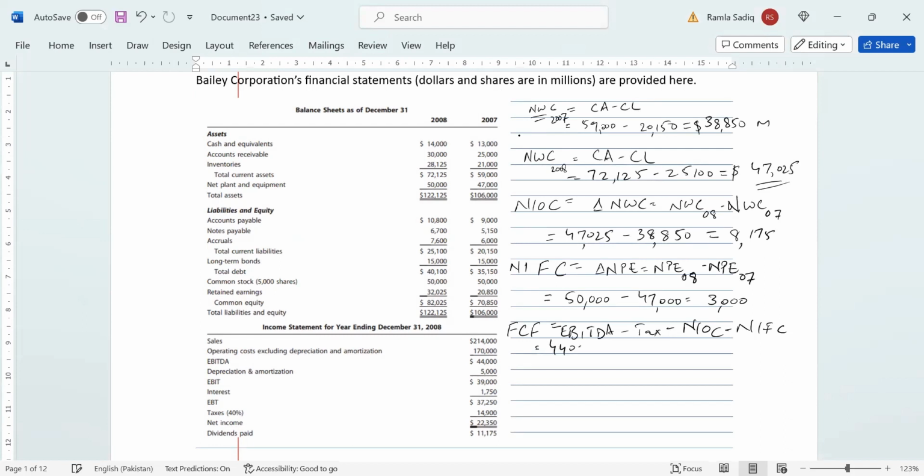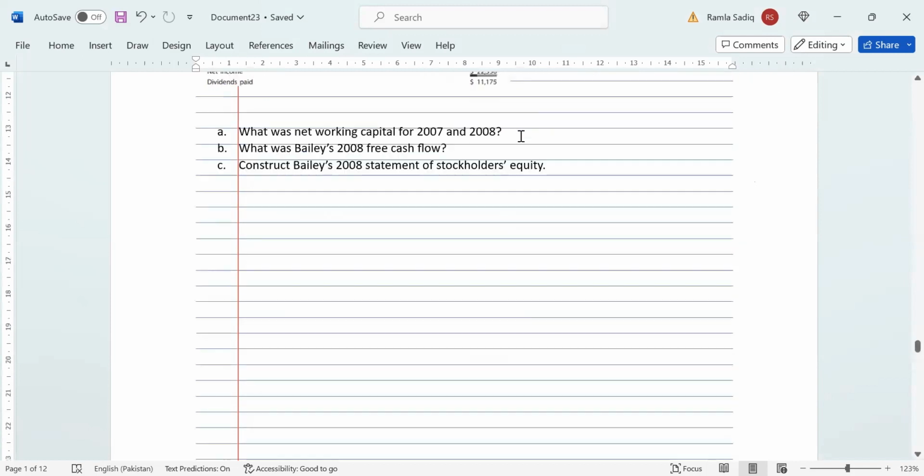From this, we deduct our taxes, 14,900. Then our net investment in operating capital, 8,175, and net investment in fixed capital, 3,000. When we put all of this into a calculator, we get $18,925 million. And this is equal to our free cash flow.